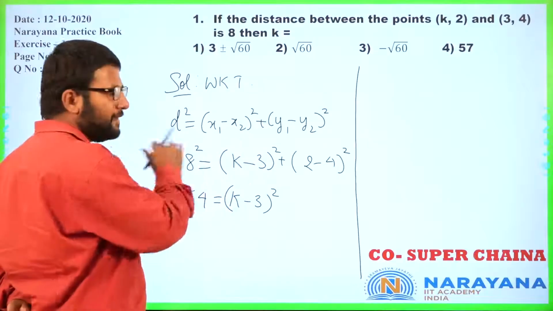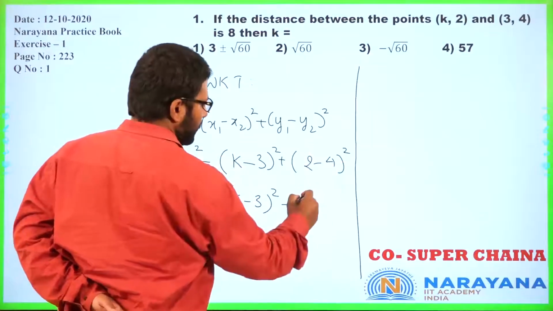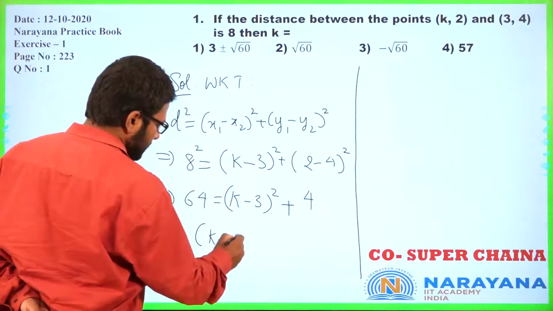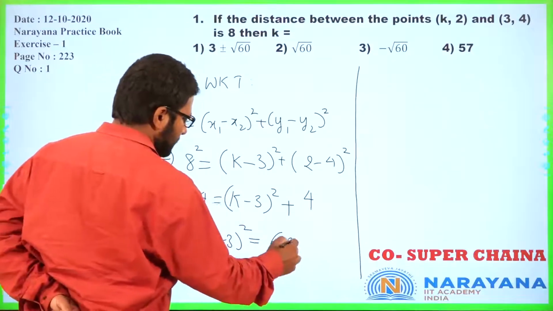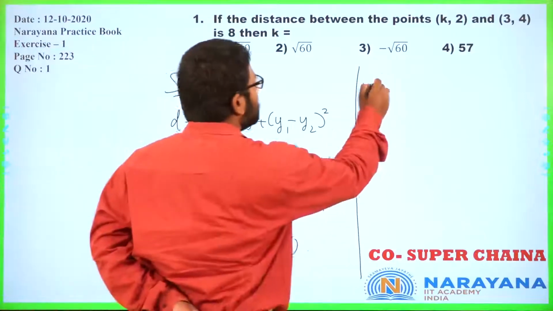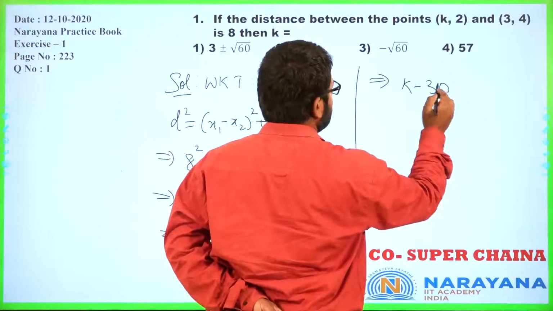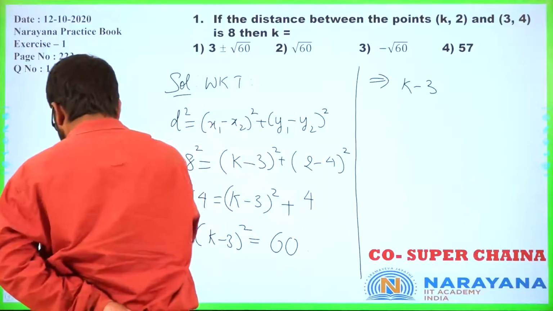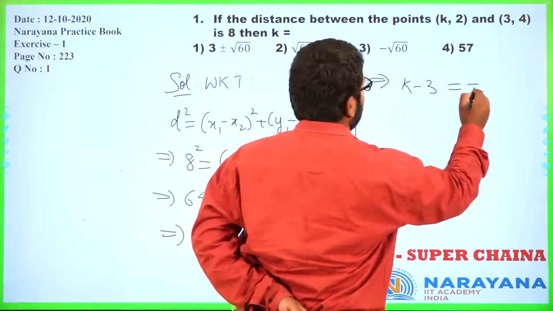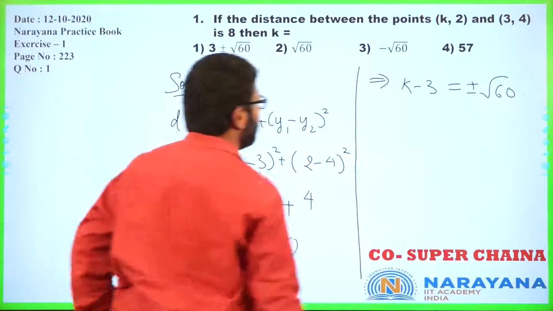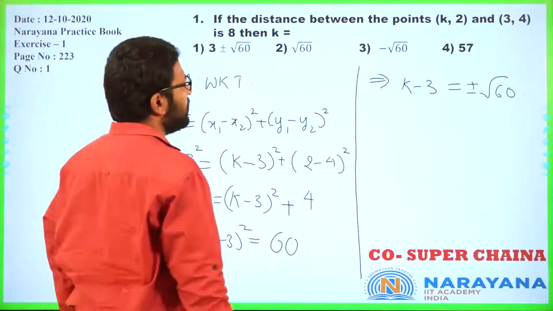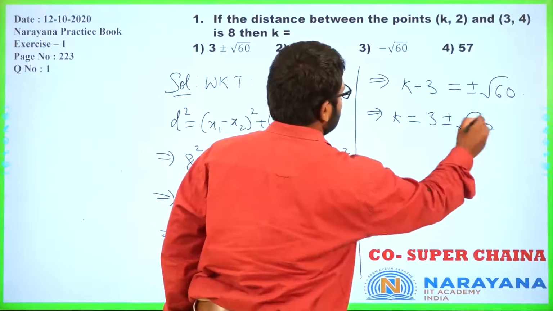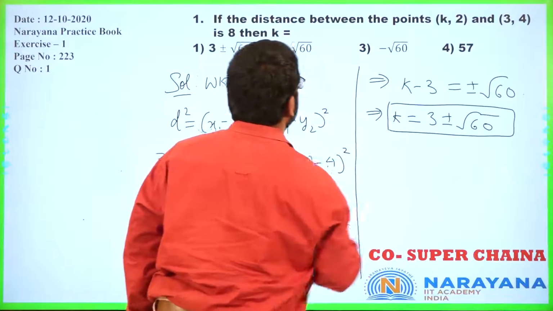Plus this is minus 2 the whole square, so this becomes 4. You bring the 4 here, we have (k minus 3) the whole square is 60, correct? Which means k minus 3, we are taking square roots now, must be plus or minus root 60, right? So k must be 3 plus or minus root 60. Got it? This one.